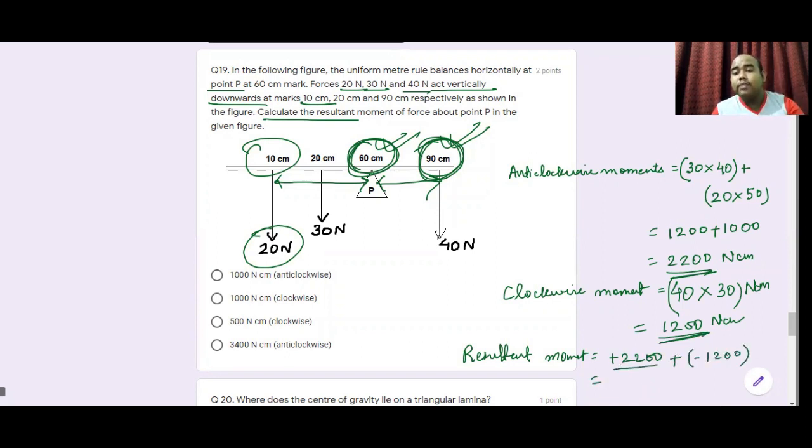So basically it is 2200 minus 1200. So this is 1000. Sign क्या आएगा? Positive आएगा, plus 1000 Newton centimeter.